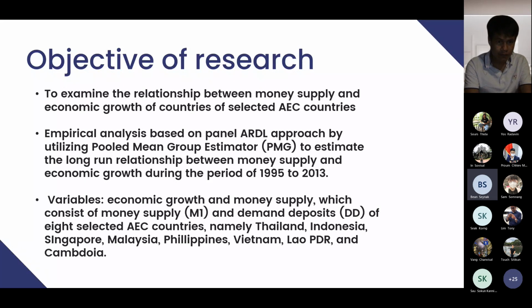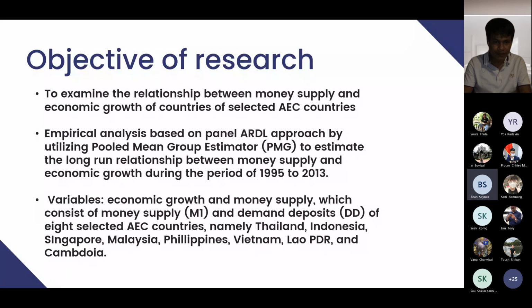This study employs an empirical analysis based on a panel ARDL approach, utilizing the pooled mean group estimator, PMG, to estimate the long-run relationship between money supply and economic growth during the period of 1995 to 2013.